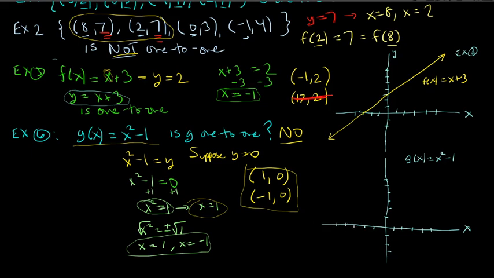You remember x squared, that's just your parabola with the vertex at 0. So x squared minus 1 just shifts it down 1 unit. So let's just transform this, shift it down 1 unit, and the graph looks a little sloppy, but something like this. Maybe I'll clean it up a little bit.